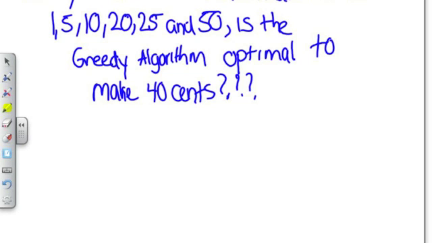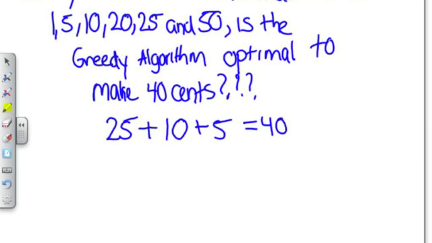So we have another question: if you have coin denominations of 1, 5, 10, 20, 25, and 50, is the greedy algorithm optimal to make 40 cents? We already know that the greedy algorithm is supposed to choose the highest denomination first. So we'll start with that. That means we're going to use 1 quarter, 1 dime, and 1 nickel.